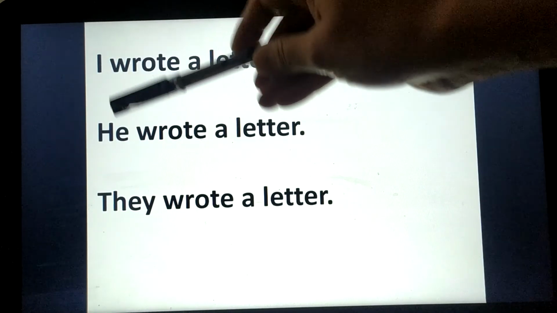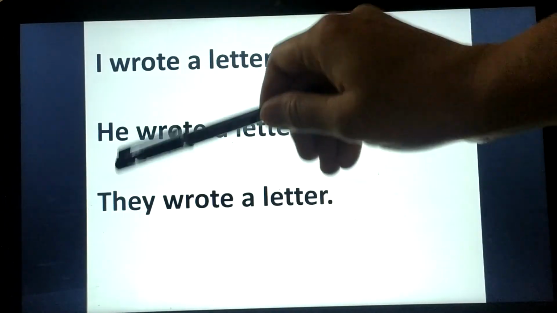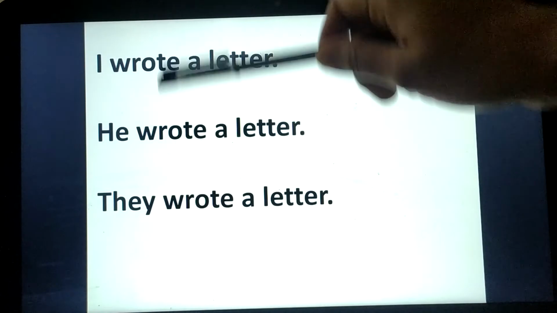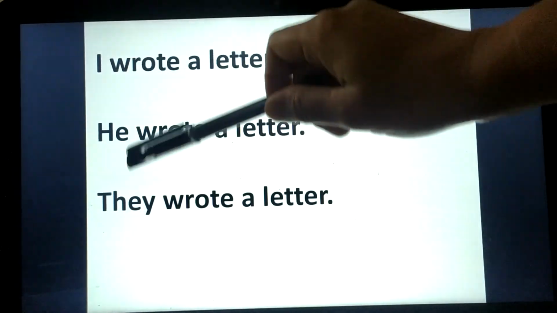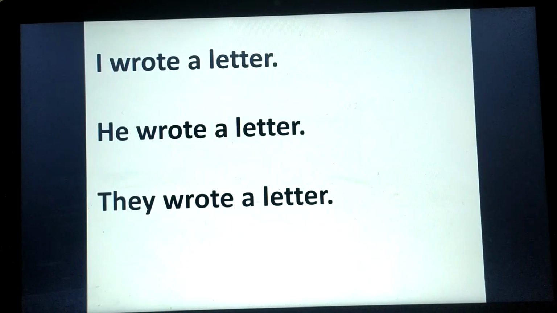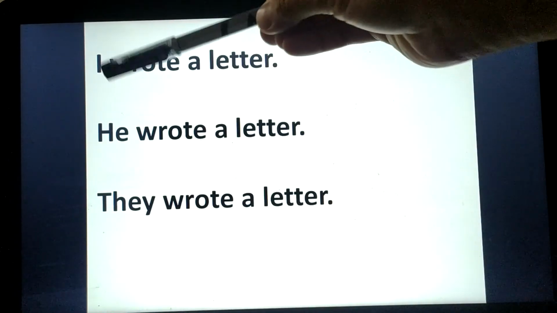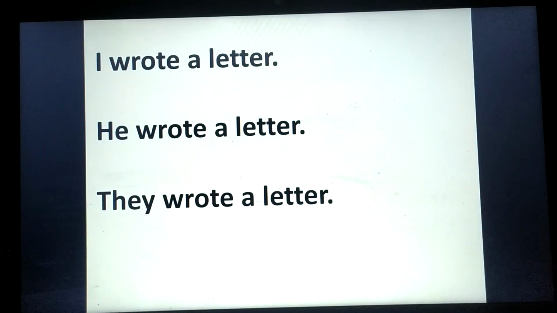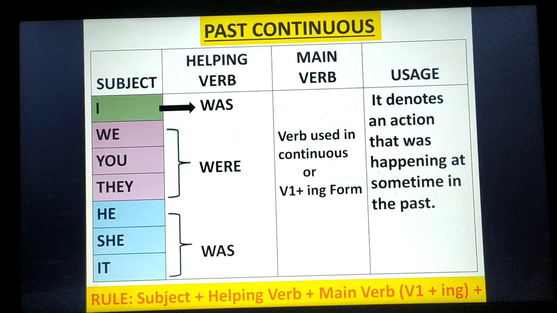In all these, along with all these subjects like I, he, they, we have used the same form of verb. We have not added any helping verb here, because we usually use helping verb did in case of negative and interrogative, right? Here second form of the verb has been used along with the subject and then object. It is one of the simplest forms of the tense.